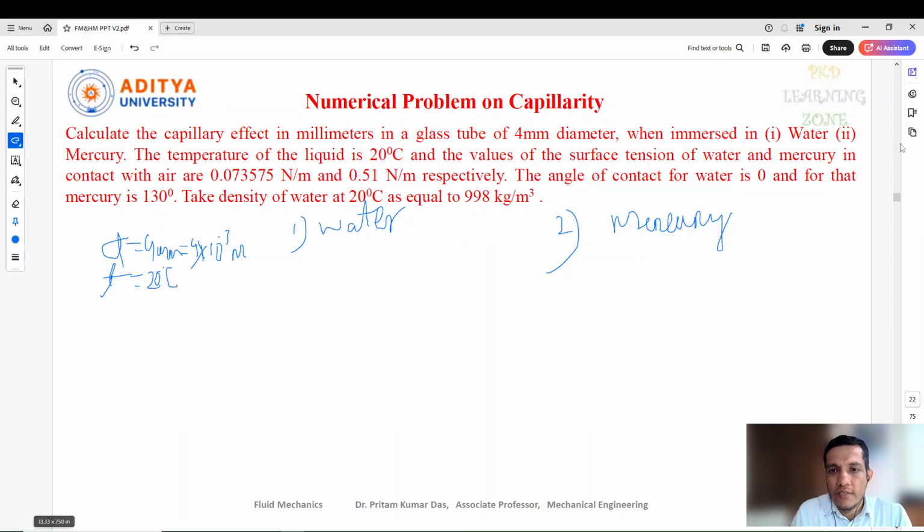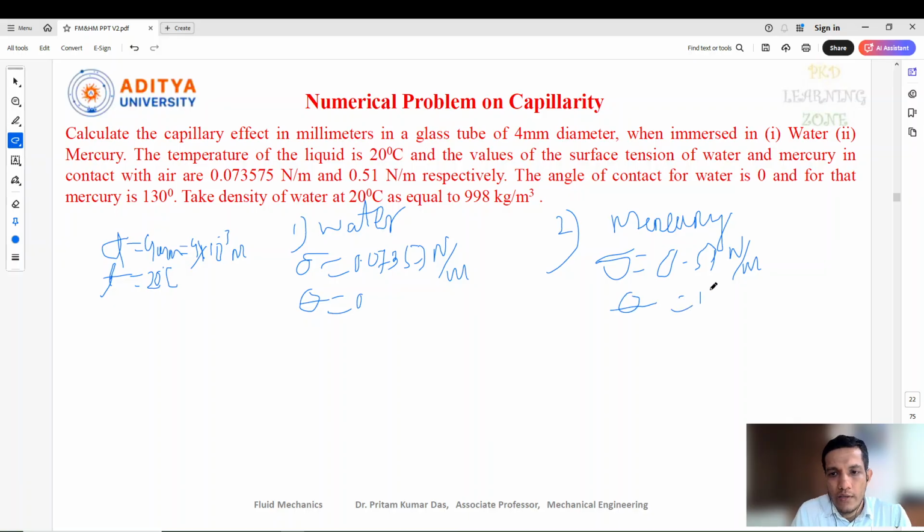And the value of surface tension for water and mercury in contact with the air, that is sigma value, 0.07357 Newton per meter, and for mercury sigma equal to 0.51 Newton per meter. The contact angle for water is given 0 degree, and here theta equal to 130 for mercury.